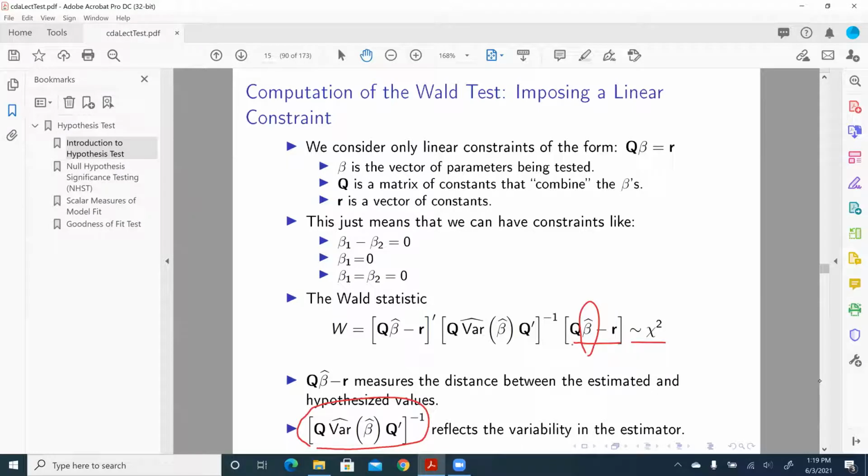So this term should be normally distributed, and this term should be normally distributed. And this outer product, if you square that, for scalar terms that's like squaring, right? And if you square a normal, then you get what? Chi-square. Then you divide it by the variance covariance matrix.